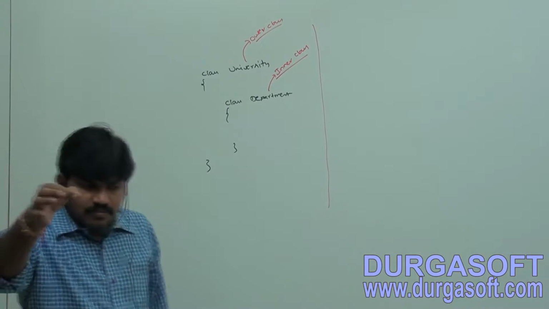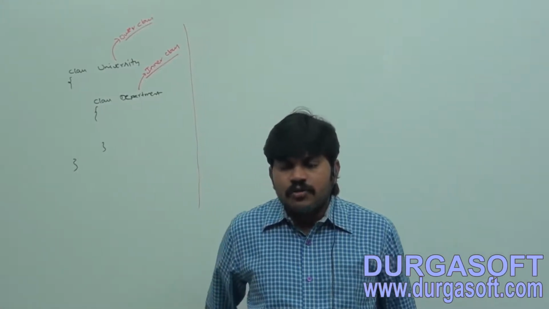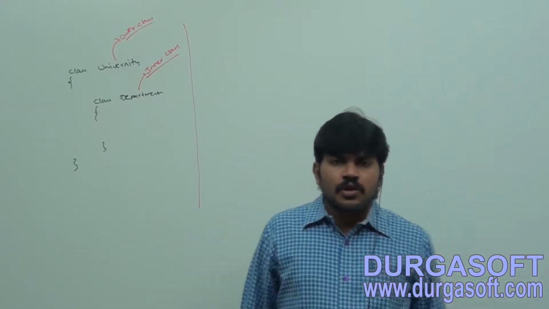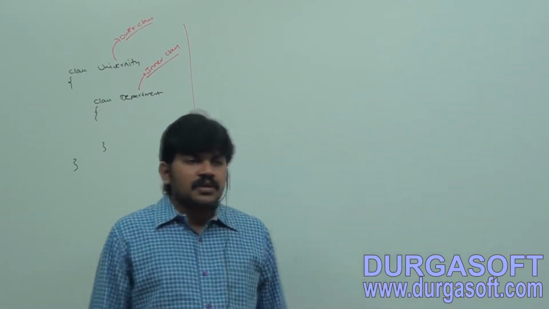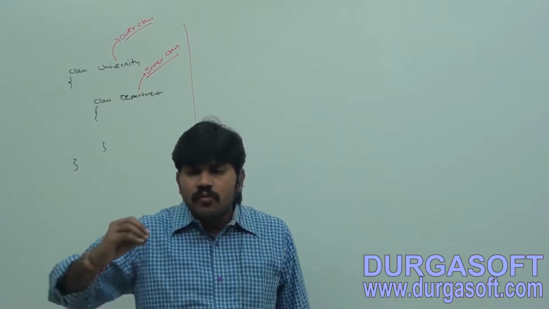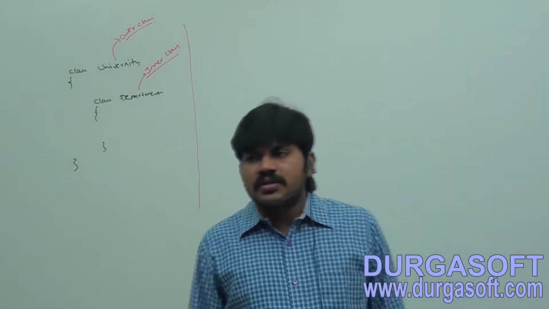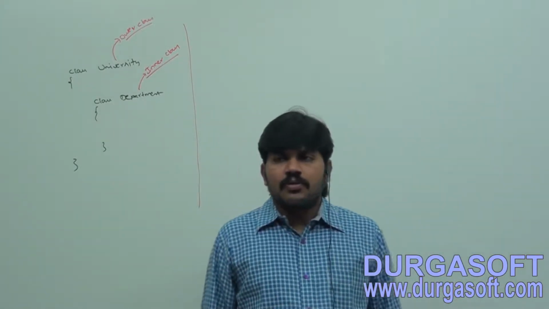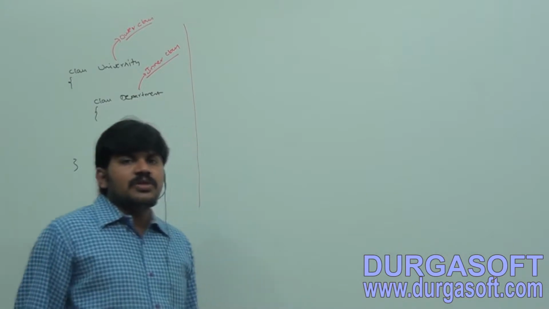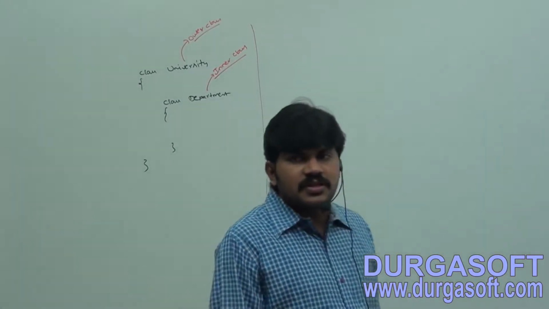Clear for all of you? Add example 1. A university consists of several departments. Without an existing university, there is no chance of an existing department.